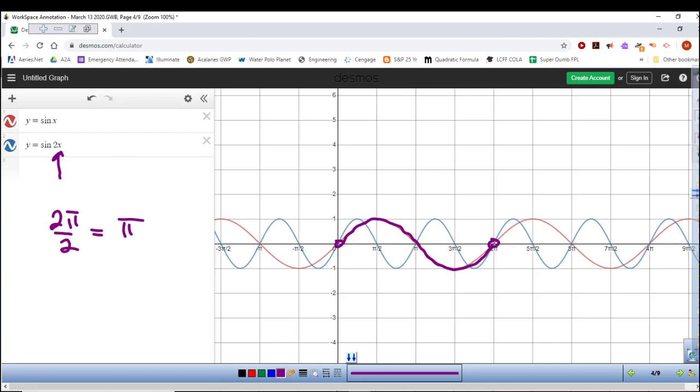That's now the new period of this graph. As a result, you can see that the blue graph is moving through its set of values faster. Instead of starting its cycle at 0 and finishing it at 2 pi like the red graph does, it's getting through that full set of values in just a distance of pi along the x-axis.